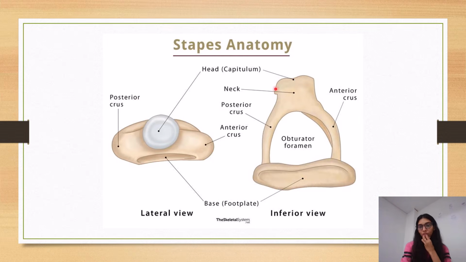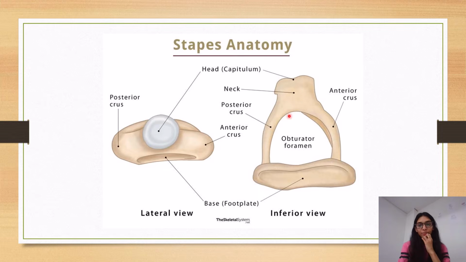The head of the stapes is the part which is attached to the incus, or the lenticular process of the incus. And it has two crura, the anterior crus, the anterior leg, and the posterior crus, and both of these come and attach to a footplate, or the base of the stapes.